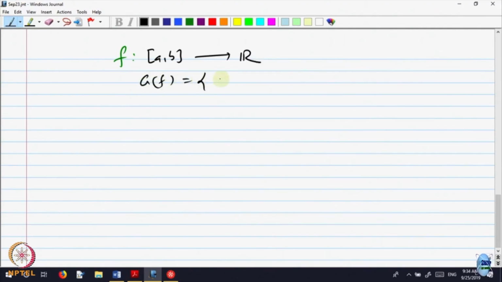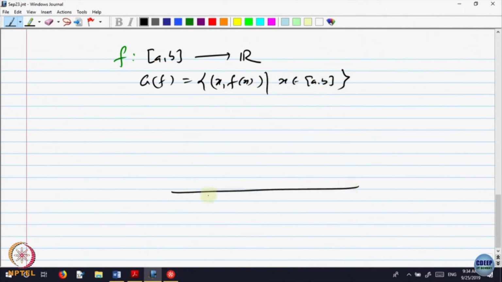The graph of the function is all points x comma f of x, x belonging to a b, and geometrically, this is a and this is b, and here is the graph of the function. So that is f of x.